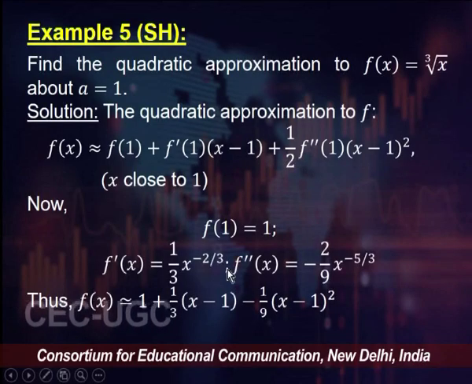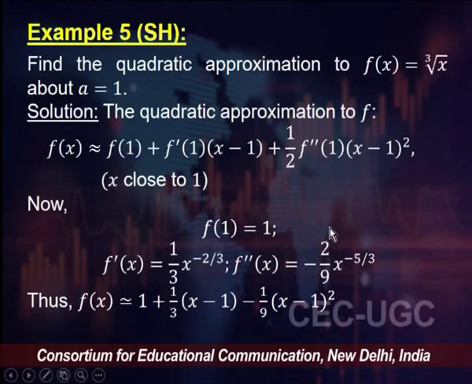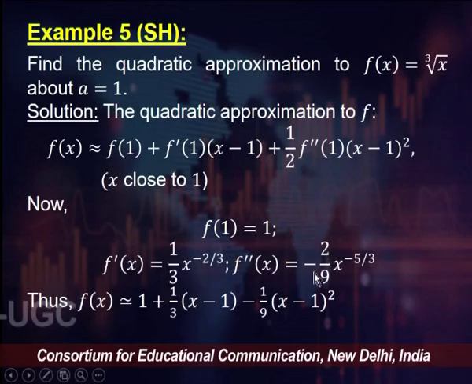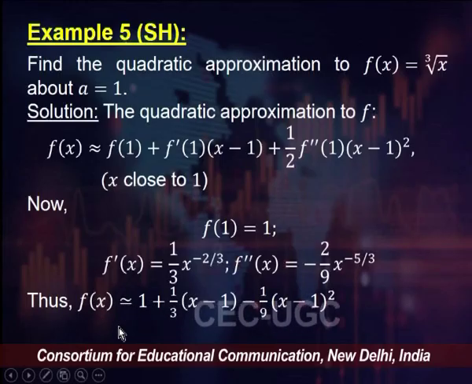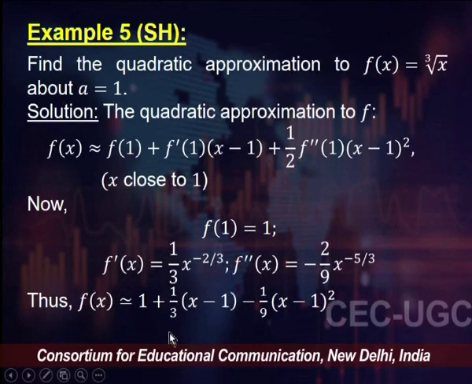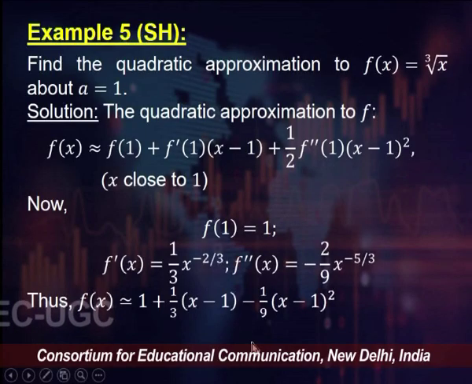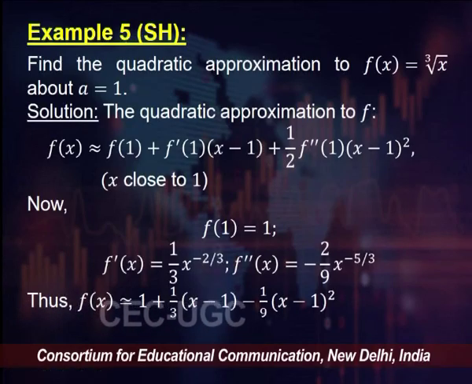But remember, because here in the third term you also have a 1/2, when I multiply minus 2/9 by 1/2, I am going to get a minus 1/9 in the third term, and therefore, I have the function being approximated by 1 plus 1/3 times x minus 1 minus 1/9 times x minus 1 the whole squared.